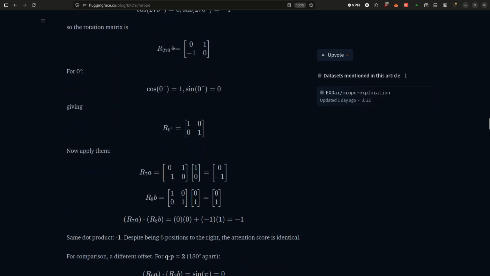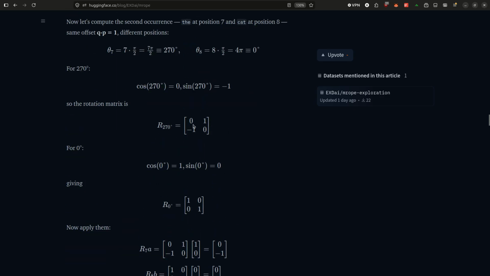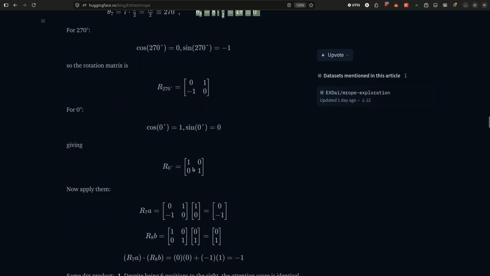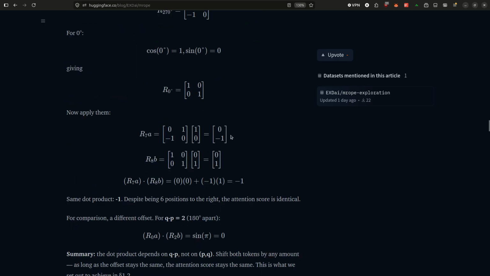So now this is how you rotate the first vector, for the 270 degree, and for cat, which is in position 8, this is the rotation matrix. Now when you apply them, you get 0 and minus 1, and you get 0 and 1, and if you take the dot product between these two vectors, you get minus 1 again.